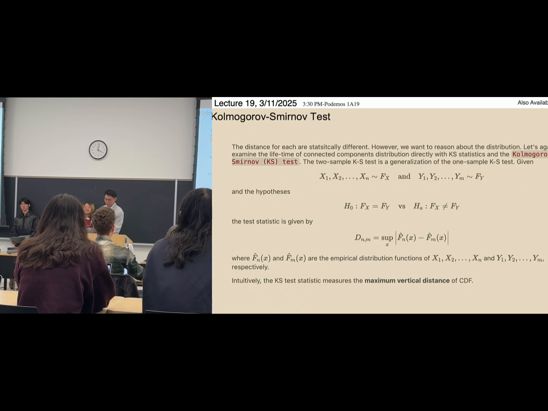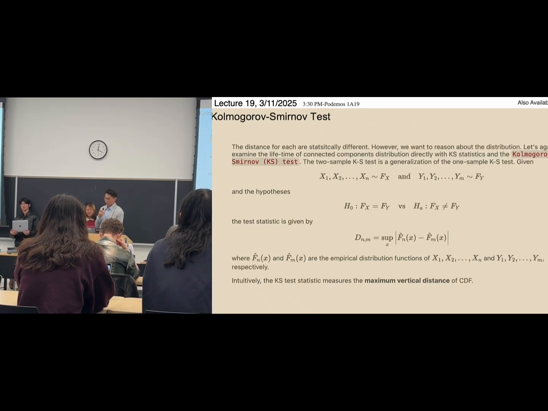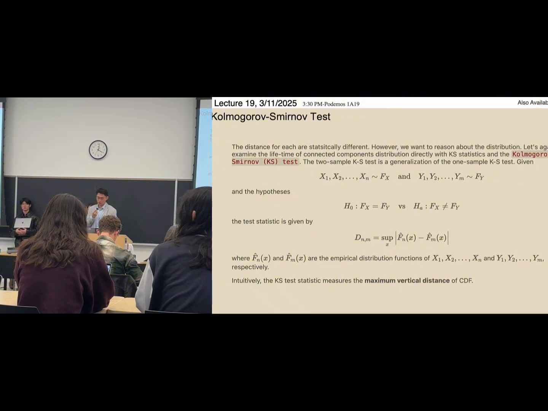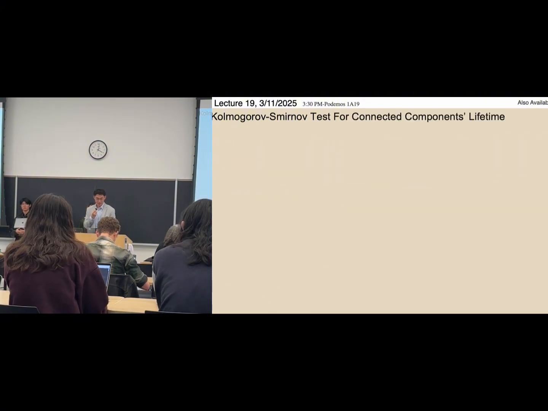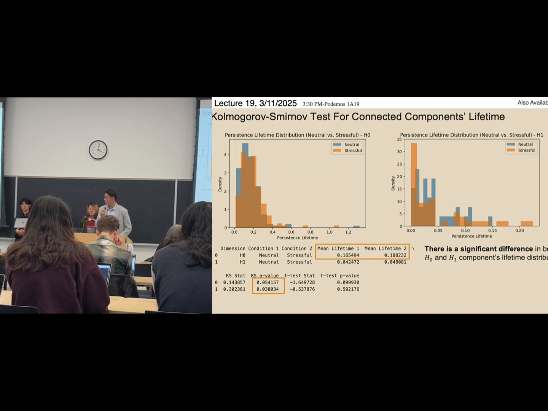This slide is also for reference for later. The key idea here is that we try to measure the distance between the cumulative density functions of all the lifetimes of each component. Again, we see a significant p-value, meaning that under stressful and neutral conditions, cyclic components have different lifetimes, meaning that maybe there's rumination.